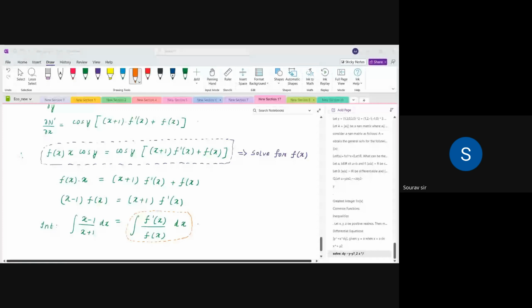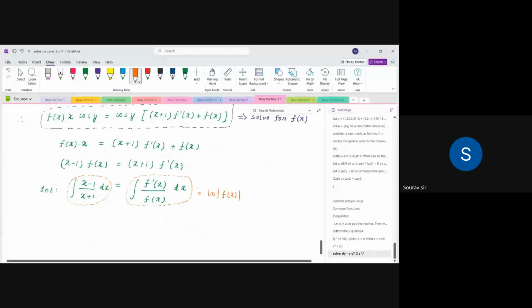So this will be just log of mod f(x). And what about the left side? How to work that out?